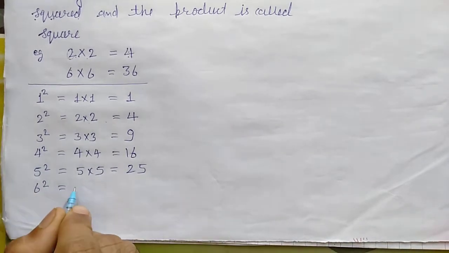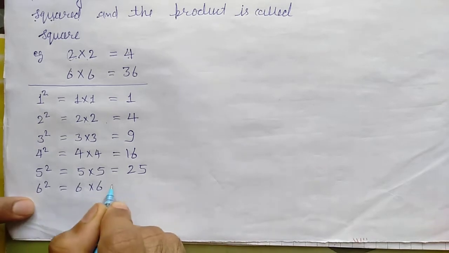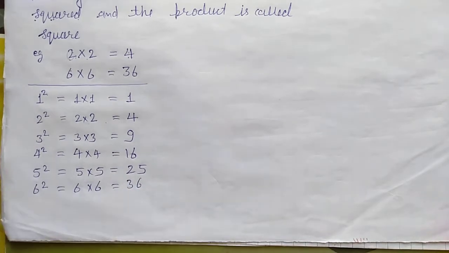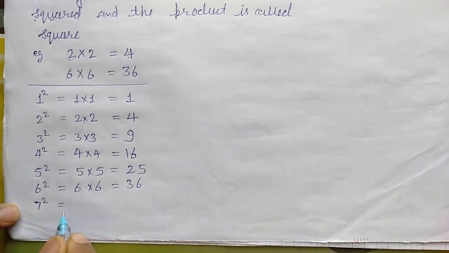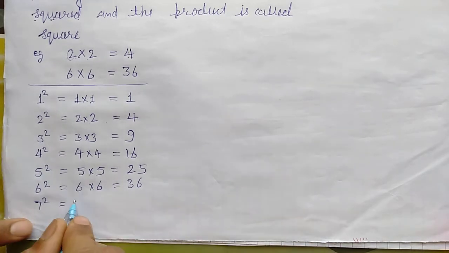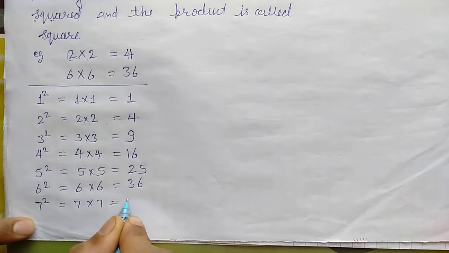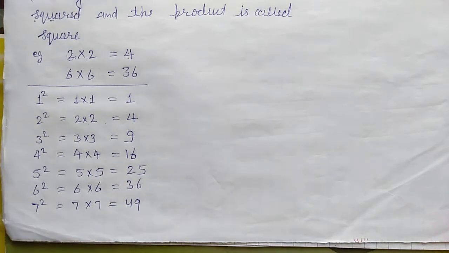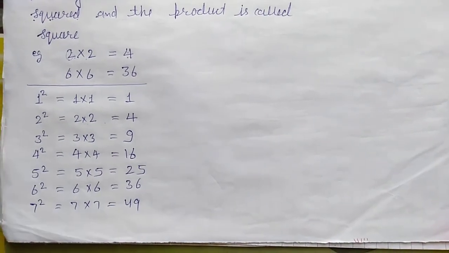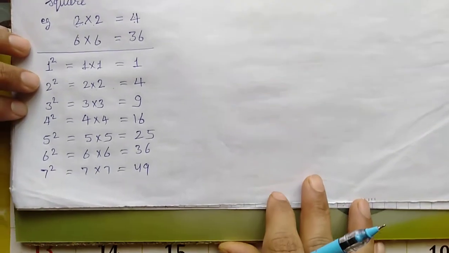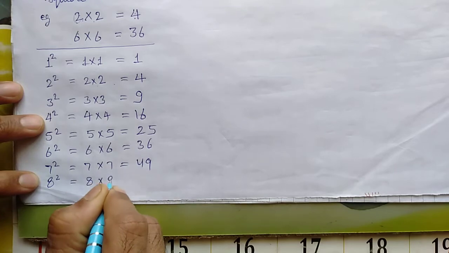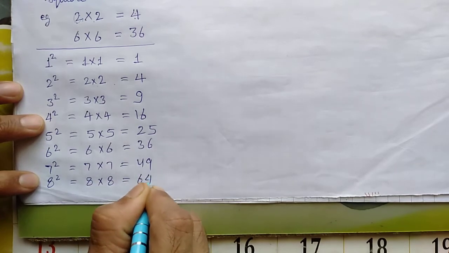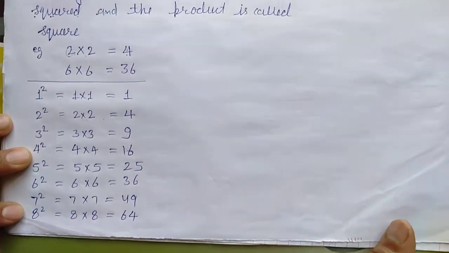Similarly, 6 squared is equal to 6 multiplied by 6, 36. 7 squared is equal to 7 multiplied by 7, equal to 49. And 8 squared is equal to 8 multiplied by 8, equal to 64.